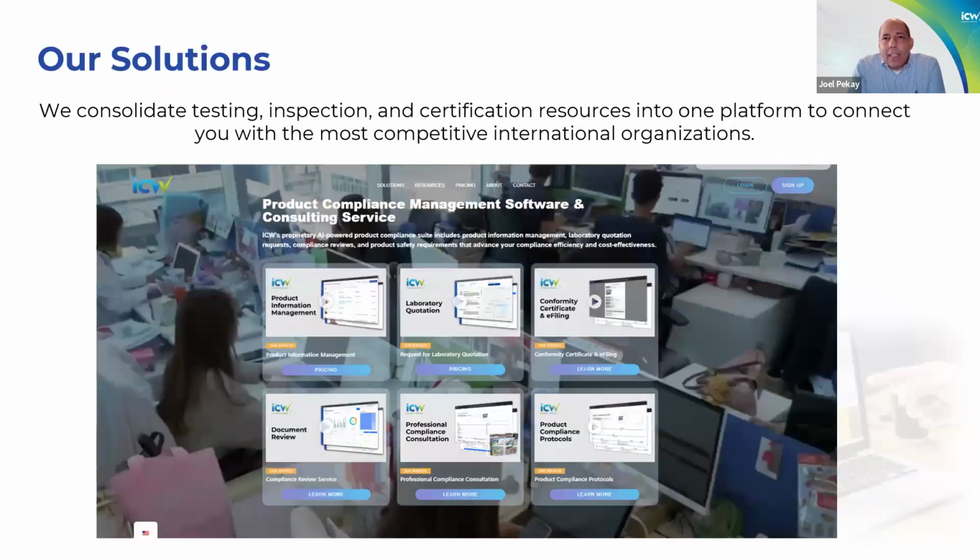We consolidate all of the testing, inspection, certification knowledge, resources, and information into a single platform that provides businesses a competitive advantage. By having all of the information in a single source, it is readily available globally.